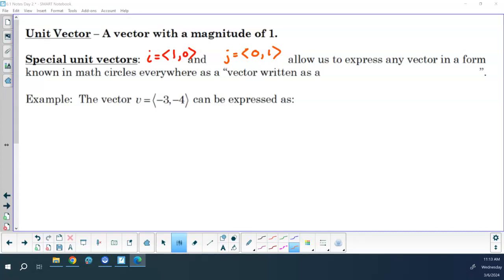Okay. So a vector written as a linear combination of i and j.